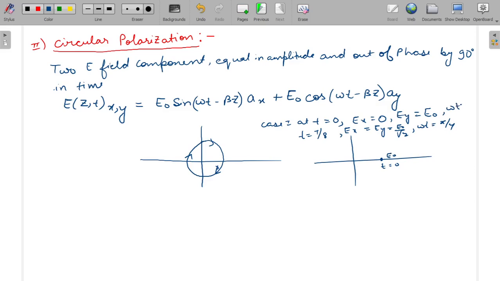Pi by 4 is positive, so it will go in the anti-clockwise direction.